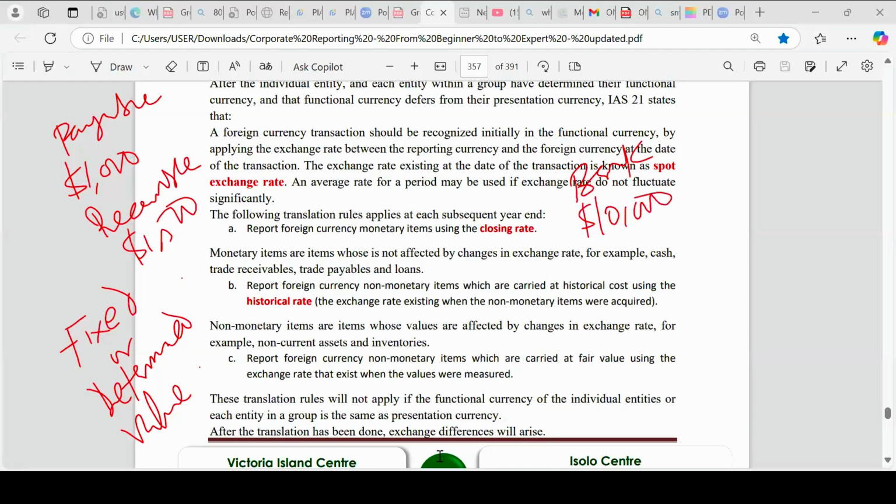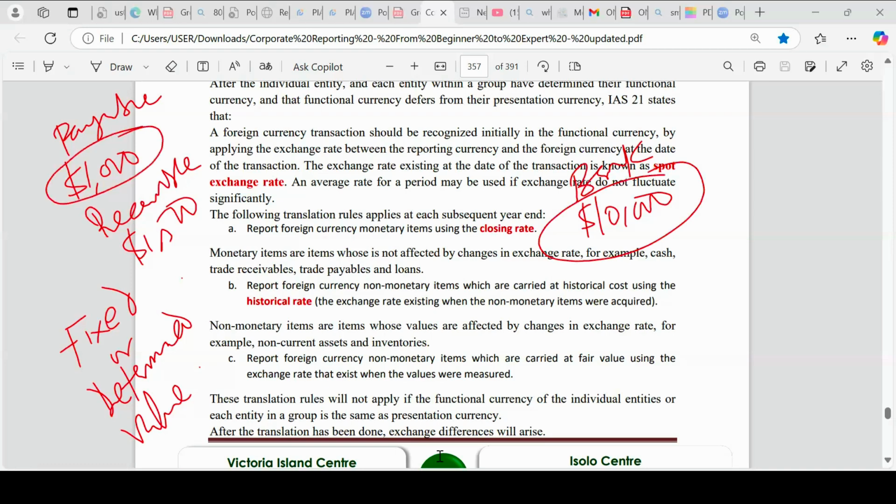These values are not changing. This is what they are, but they are just stated in a foreign currency amount. However, at a particular point in time, I am going to crystallize these balances back to naira. What do I mean? The payable I will eventually pay.